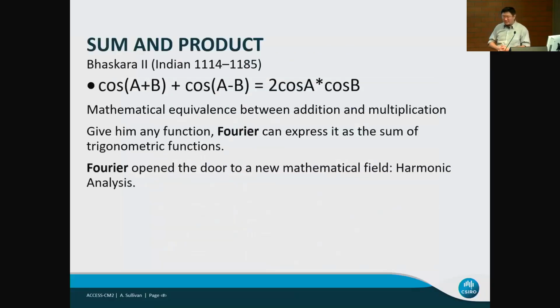So what's going on is that Fourier is based on something like this equation, which we have used for almost 900 years: cosine(A plus B) plus cosine(A minus B) equals 2 cosine A times cosine B. But in mathematics, that's okay.